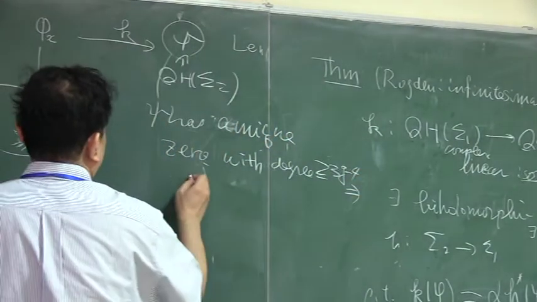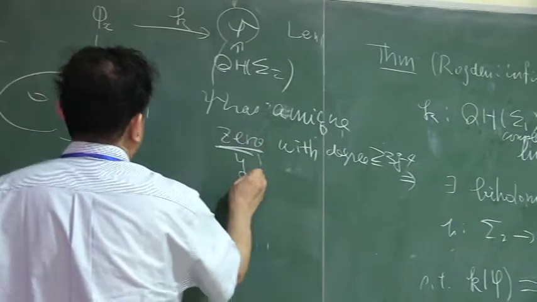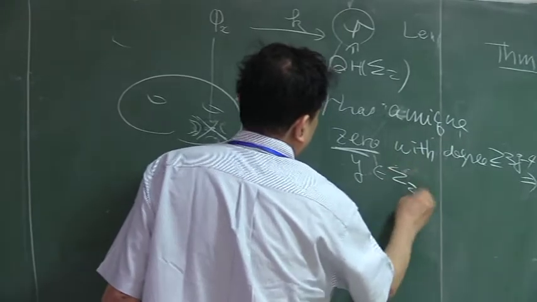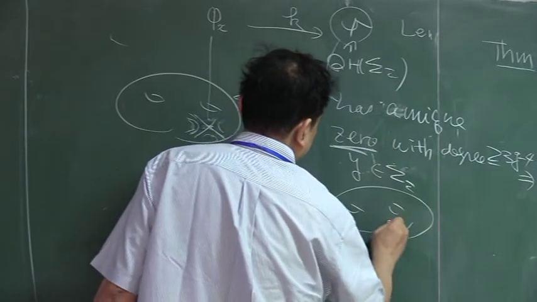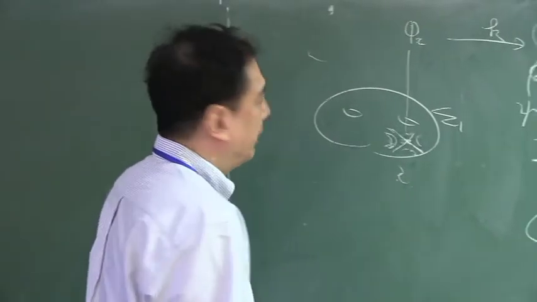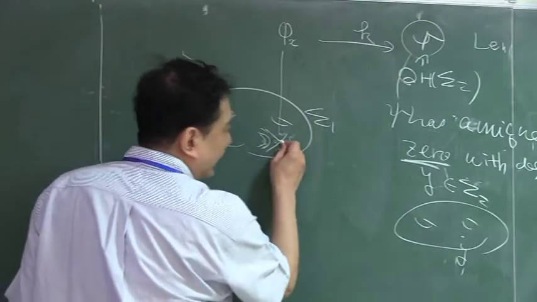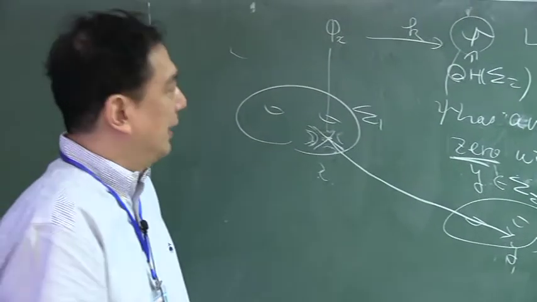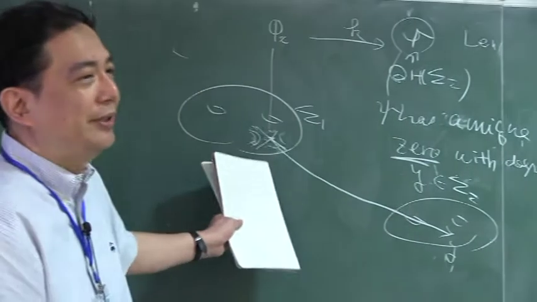So you have a point y on sigma 2. Then send this x to this y. And you can show this is holomorphic.